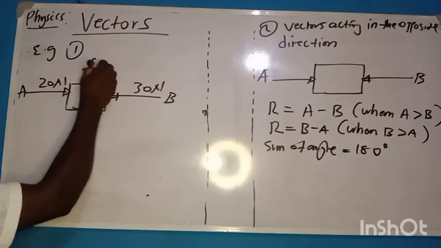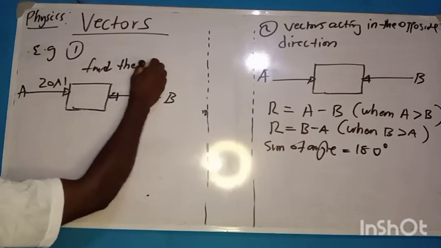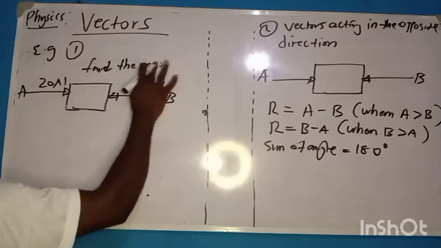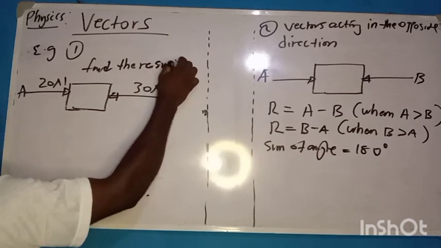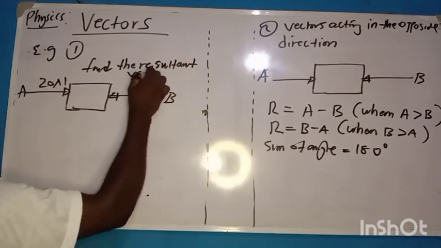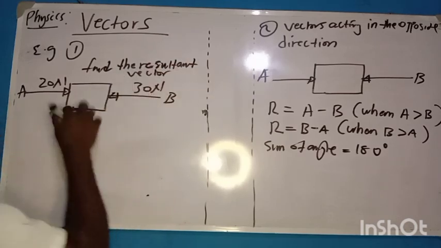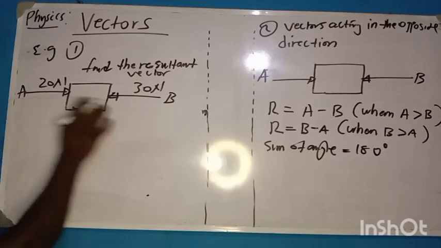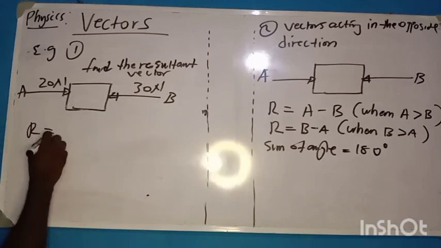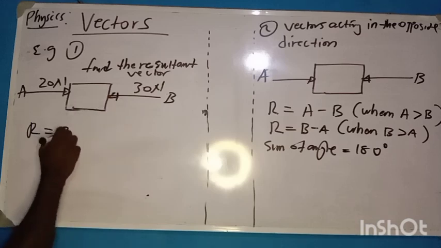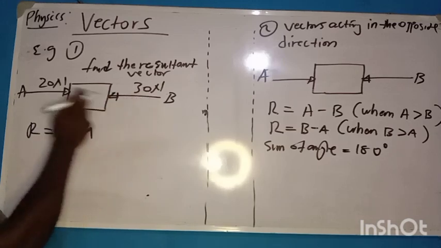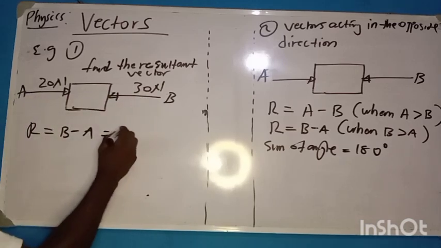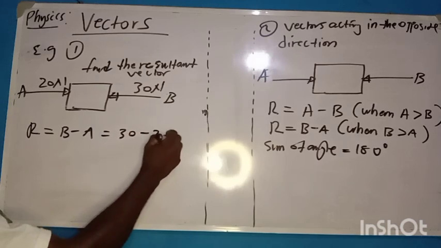Find the resultant vector here. The resultant vector is simply the difference between A and B. So R here is going to be B minus A, because B is bigger than A. And that is going to be 30 minus 20 Newton.